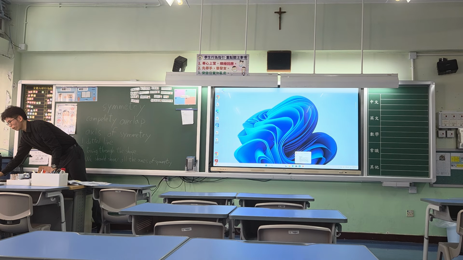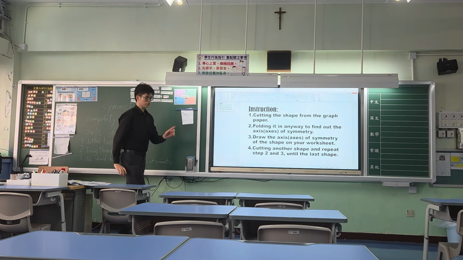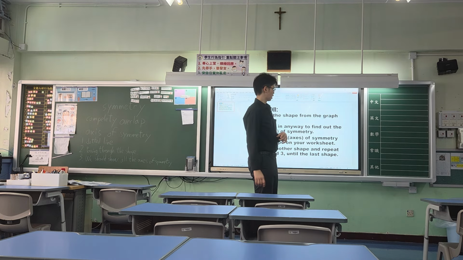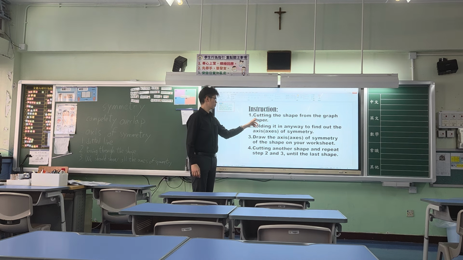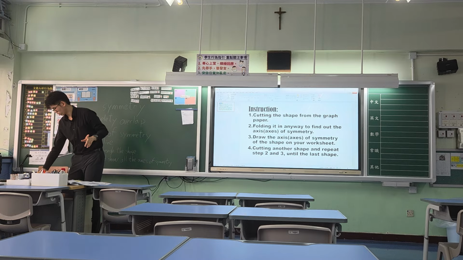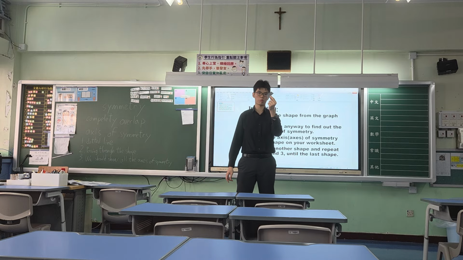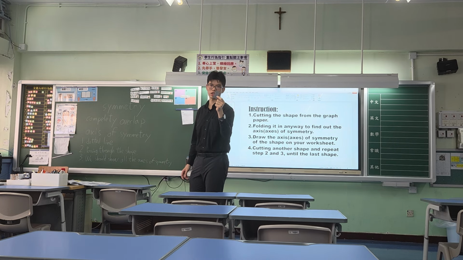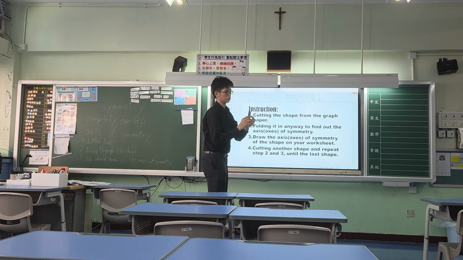For the division of labor, I want one of your group mates to be in charge of cutting the shape from the graph paper. After you cut the shape, like this is a rectangle, we are now going to figure out how many axes of symmetry a rectangle has.